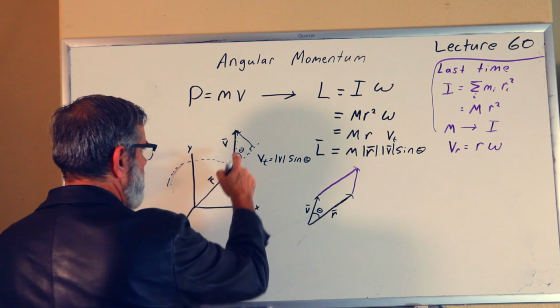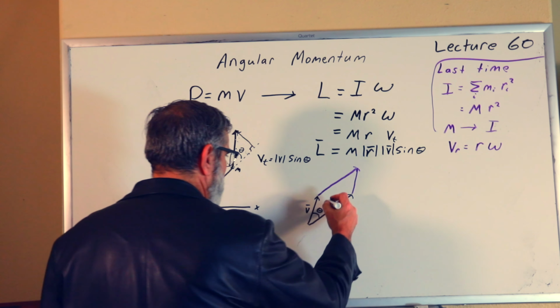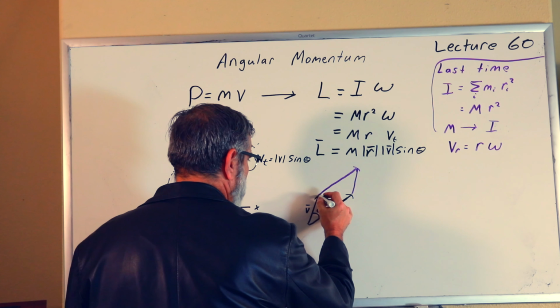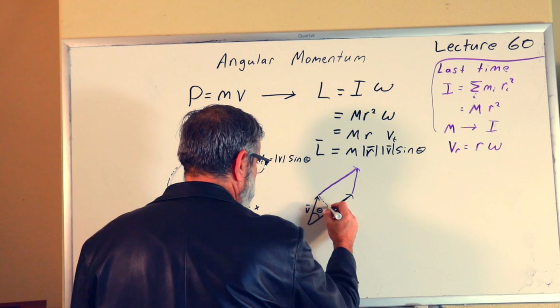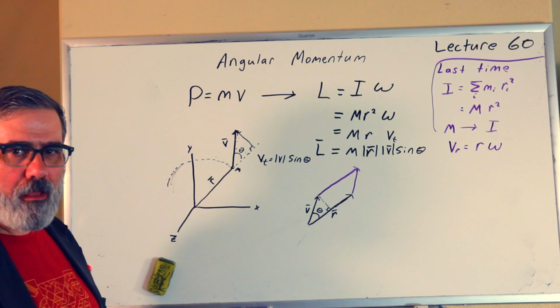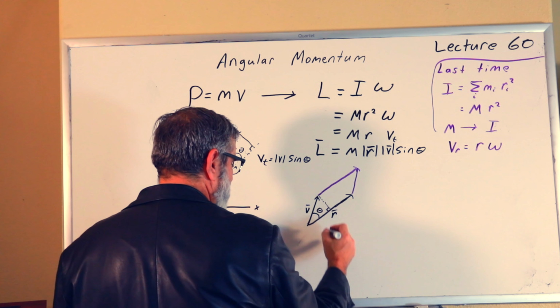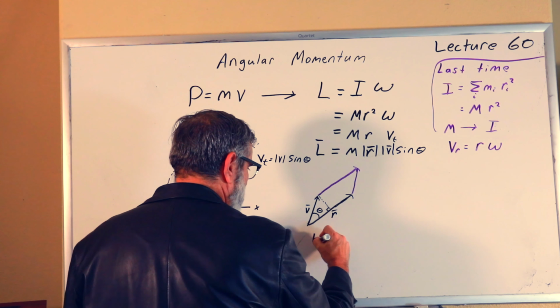Now we have a parallelogram. If I were to ask what is the height of this parallelogram, I'd draw a line perpendicular to r down like so. I'll just call it height for now. The height would be equal to the magnitude of v, that's the hypotenuse, times the sine of theta.